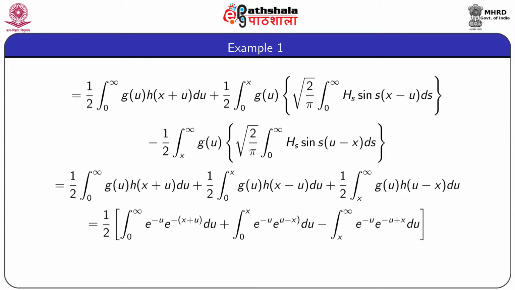So, the mod function reduces to the corresponding values, and this can be again simplified to get half of integral 0 to infinity g(u) small h(x plus u) du plus half integral 0 to x g(u) small h(x minus u) du plus half integral x to infinity g(u) small h(u minus x) du, because capital H is the Fourier sine transform of small h.